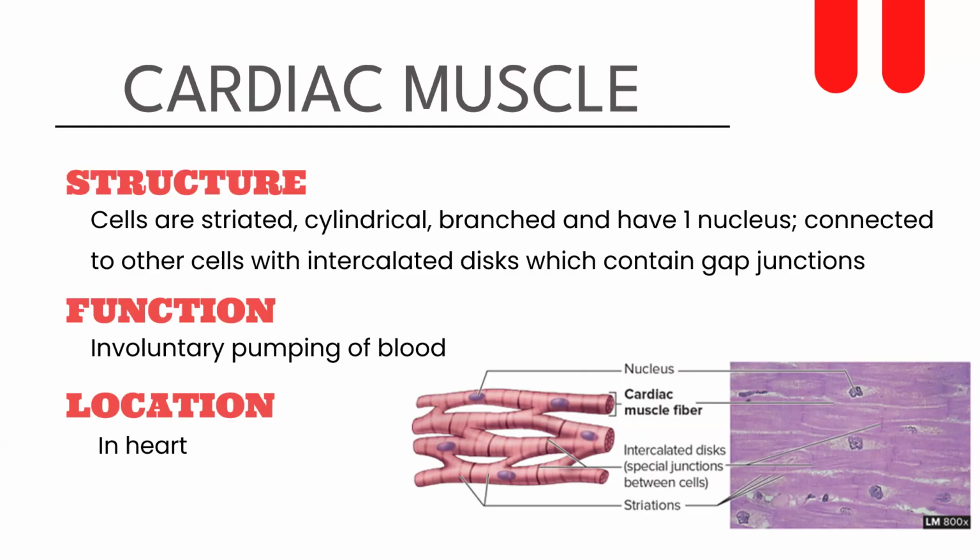So when one activates, all of them are going to activate together. And so, of course, we only find these in our heart. It's involuntary because we don't get to decide when our heart is going to beat. So for skeletal muscle, we had striated and voluntary. Now for cardiac muscle, we have striated but involuntary.